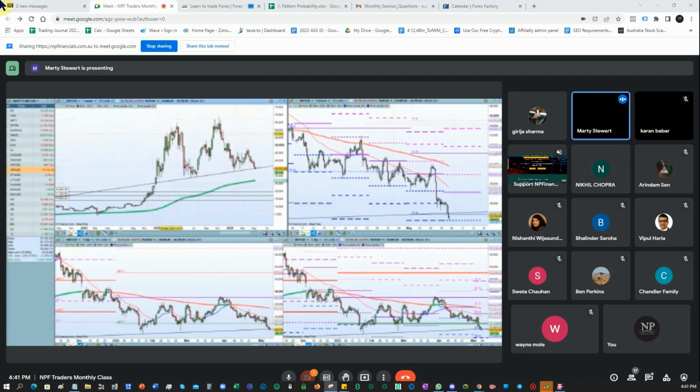I would like to stick with Gurge's head and shoulders for this formation here. I expect, well, I've seen this happen enough times to believe in something like this. Through NPF, that's another reliable pattern we will show you.